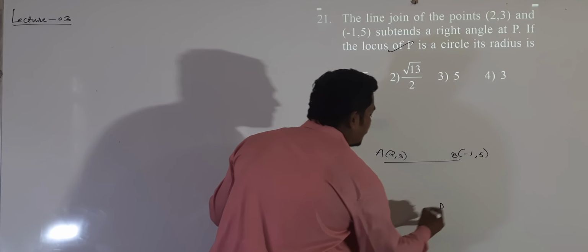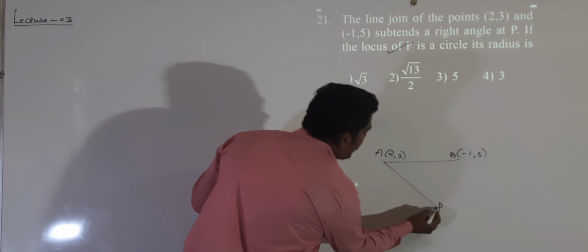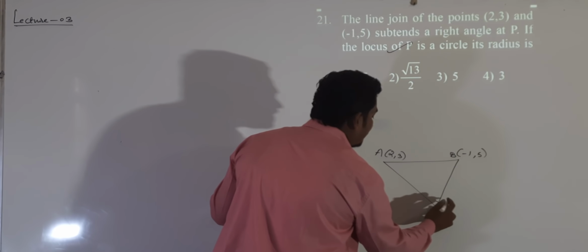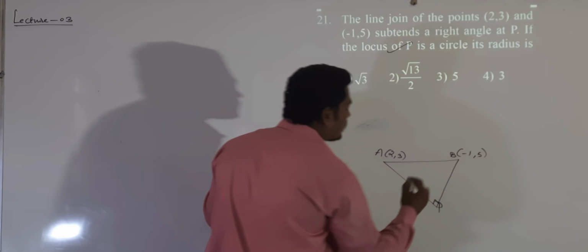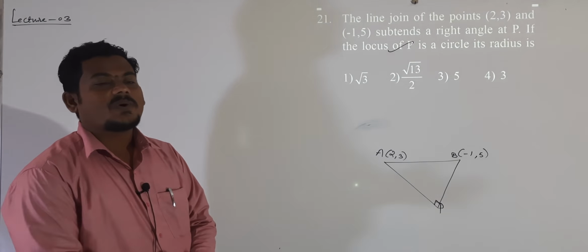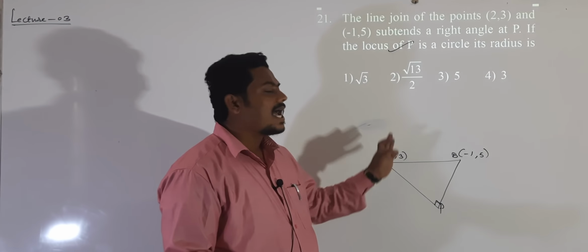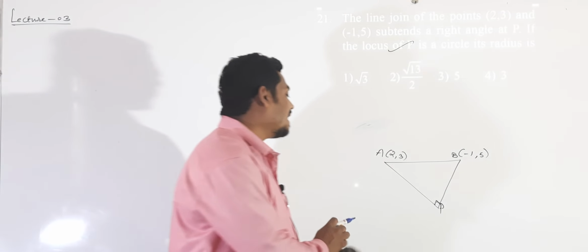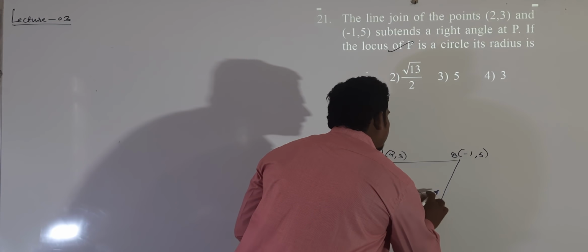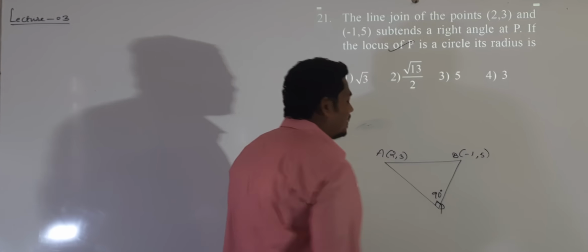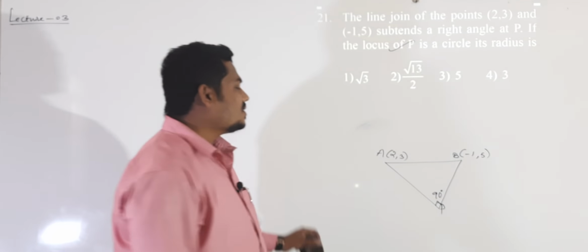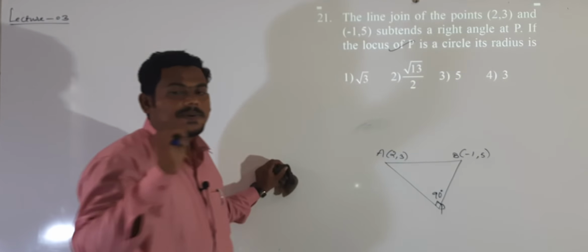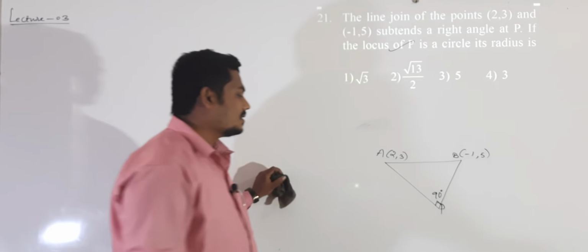Suppose point P is here. What have they given? Clearly this angle is 90 degrees. The line joining P to A and the line joining P to B subtend a right angle at P, right? This is clearly a right angle.